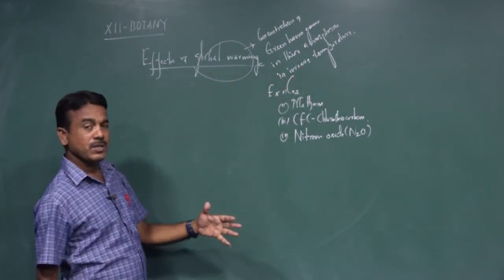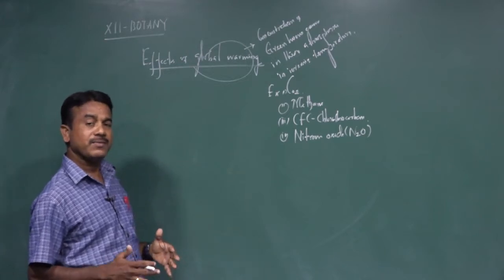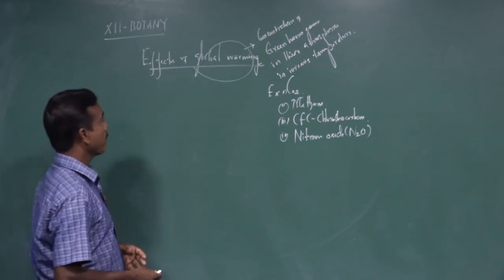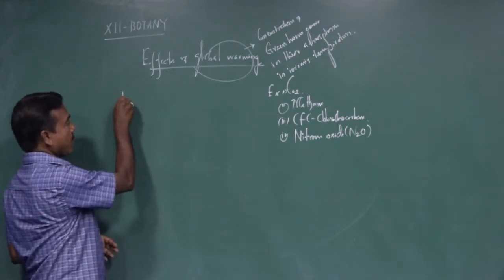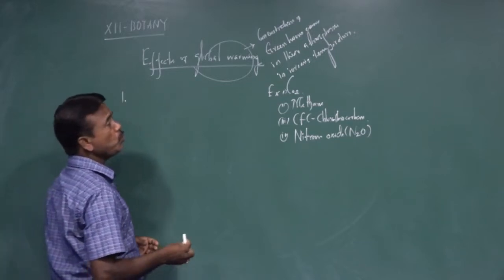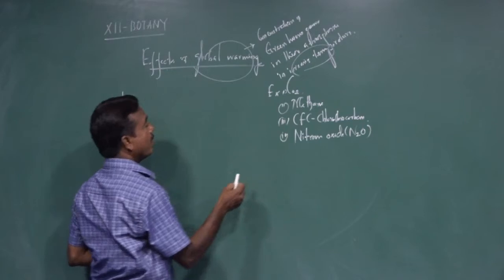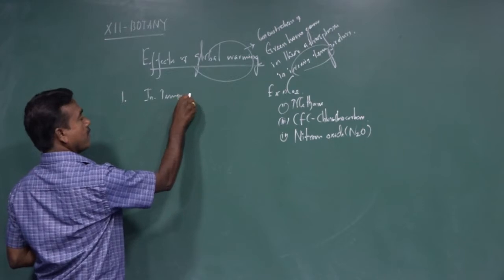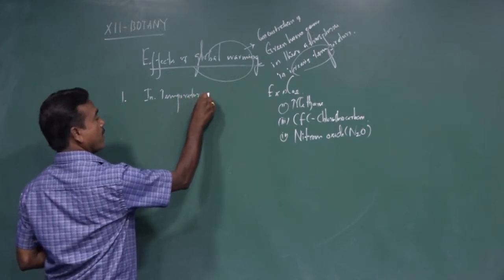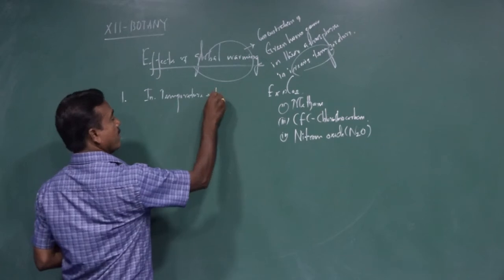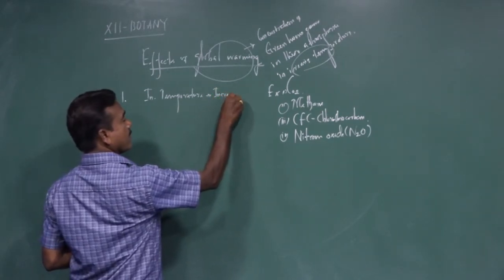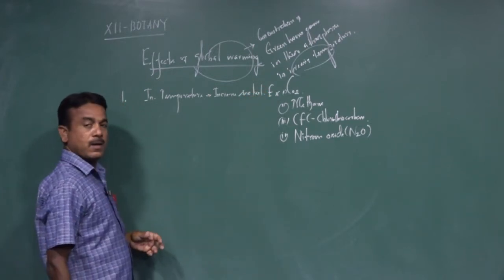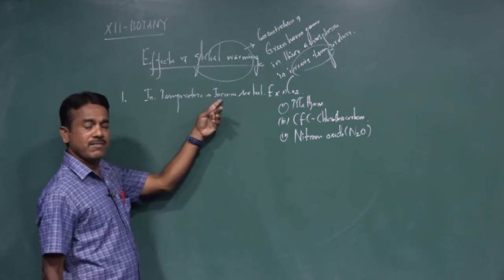If temperature increases, what effects does it have on the atmosphere? That is what I'm discussing now. What is the first effect? Due to increasing temperature in the atmosphere, the sea level also increases. Why does increasing temperature increase the sea level?